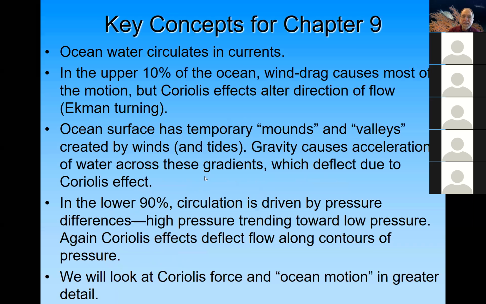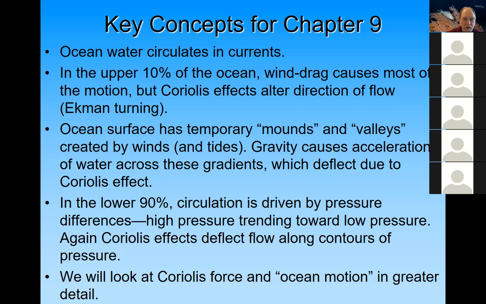So the key concepts that we're going to be covering in this chapter are that ocean water circulates in currents. A lot of the currents that we have probably experienced are tidal currents, but there are other currents that move water. And these currents are consistent enough that they have names and generalized features.